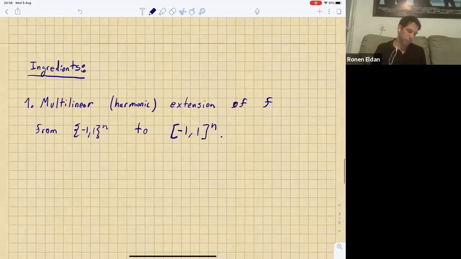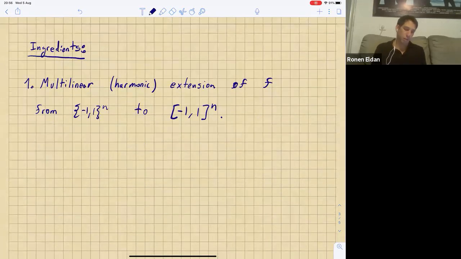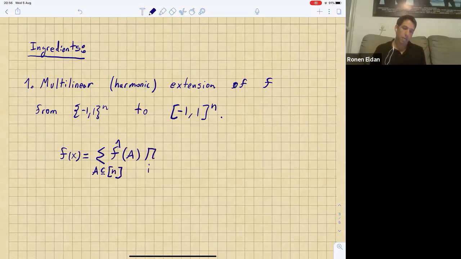So what is this? Given a function defined on the discrete hypercube, I guess everybody here knows that it can be uniquely written as the sum over subsets of coordinates of some coefficients depending on those subsets times the characters, which are just the product of coordinates in these subsets.